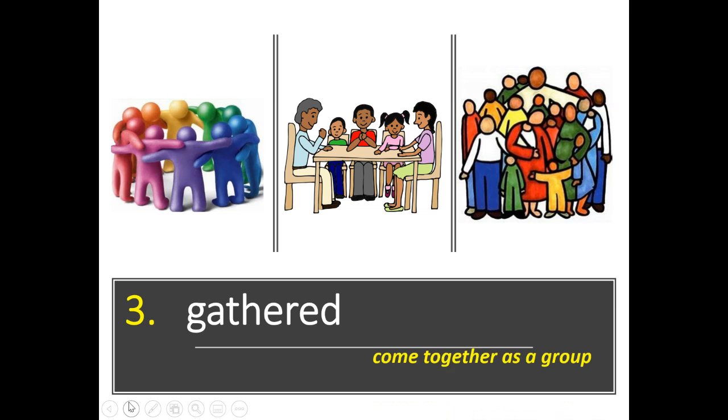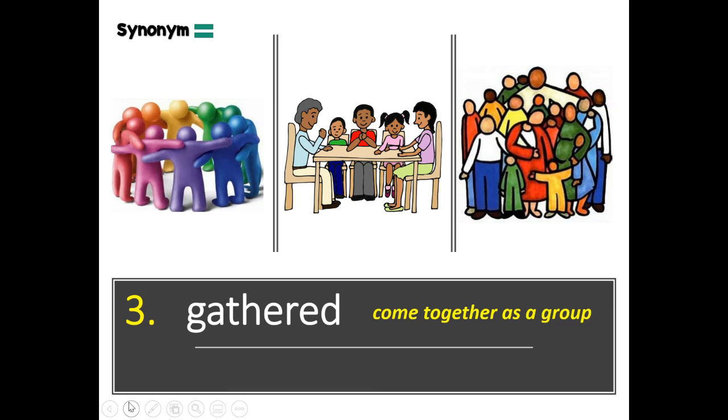Gathered means to come together as a group. So all of these people have gathered together. They have come together as a group. So make sure you write gathered. A synonym could be together.